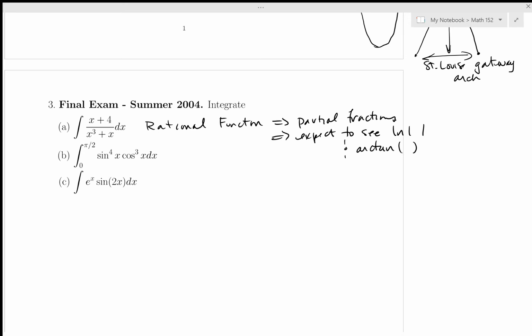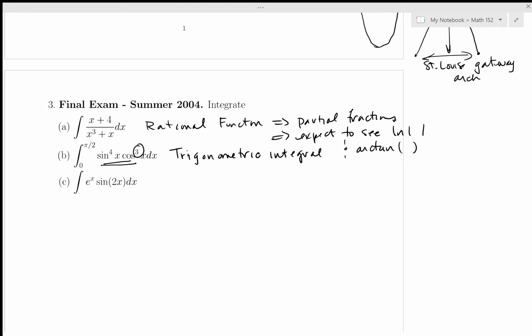Okay, here we have a product of two trigonometric functions. So this is a trigonometric integral, and we've seen, again, in a previous lecture how to do this. This one here is odd, so we save one of those and we use the trig identities.